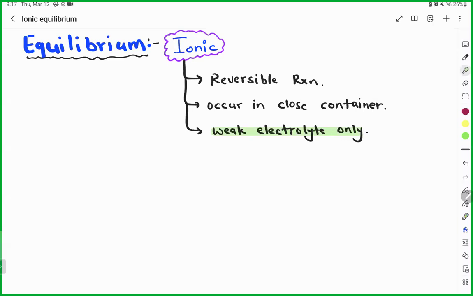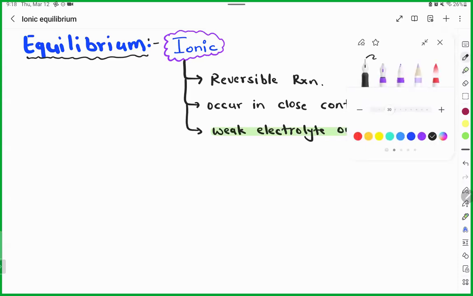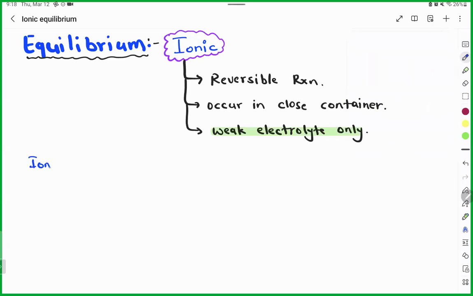So when we say any kind of substance, there are different types of substance: conductor, insulator. Correct? In the case of conductor, there are two types of conductor: metallic conductor and ionic conductor. I will talk about ionic conductor here.